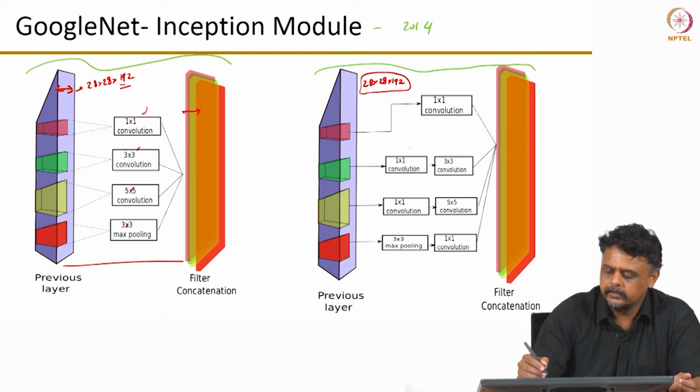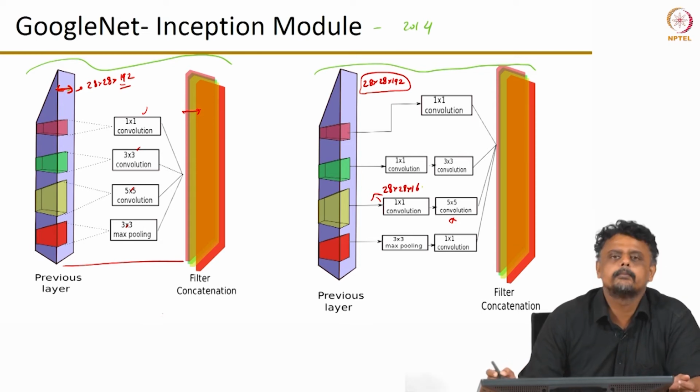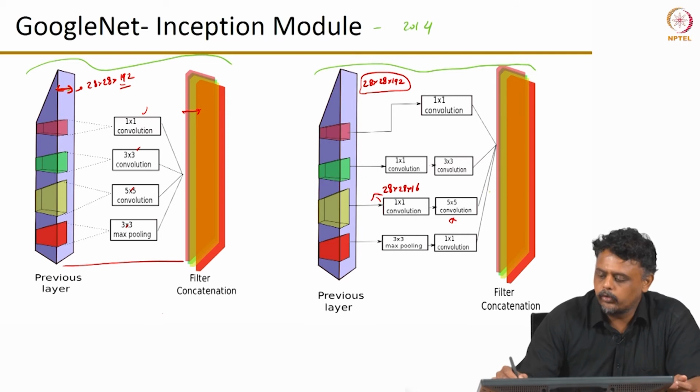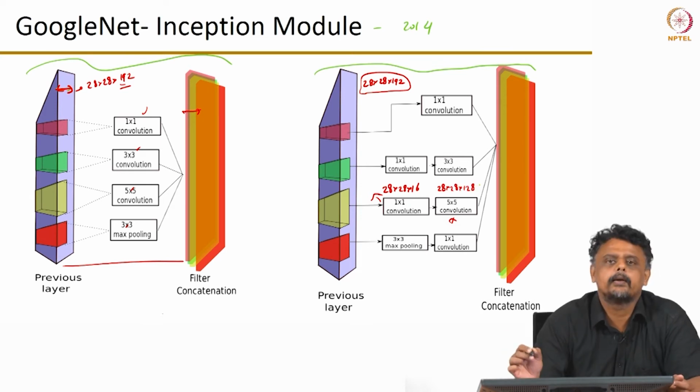For instance, let us say we take the 1 cross 1 convolution before the 5 cross 5, we can use it to reduce the feature maps to 28 cross 28 cross, let us say, 16. And then from the 5 cross 5 convolutions we can output, let us say, 28 cross 28 cross 128 feature maps.